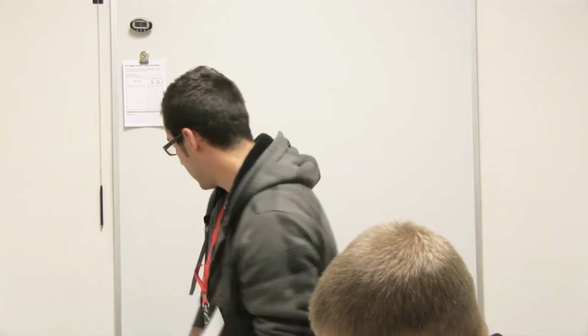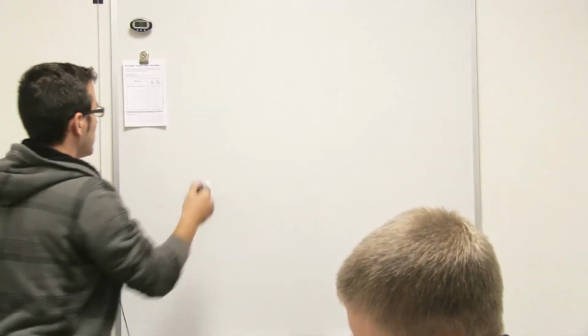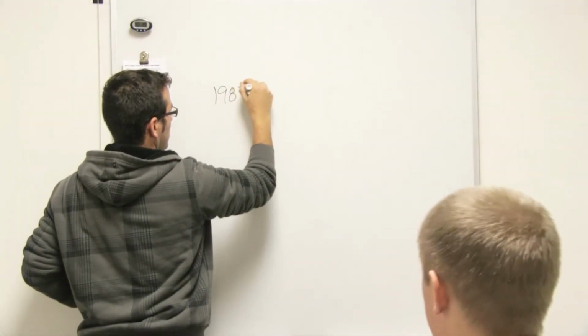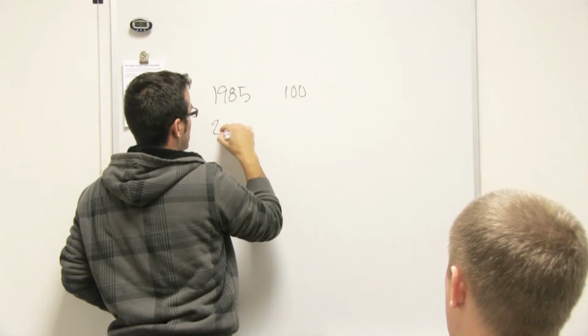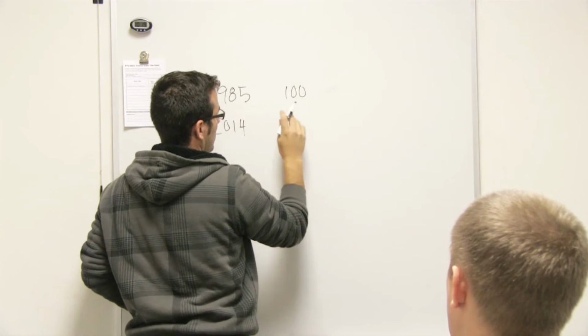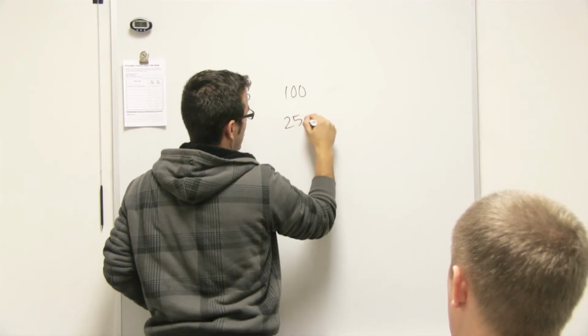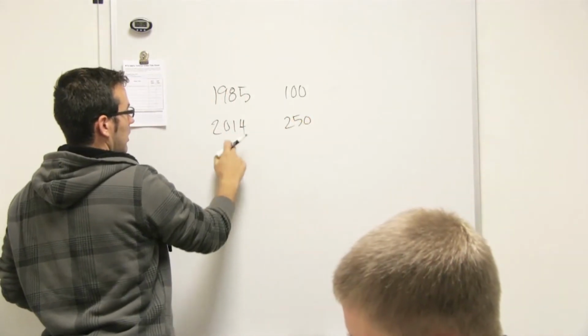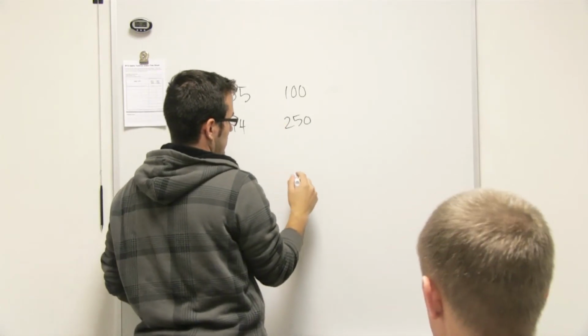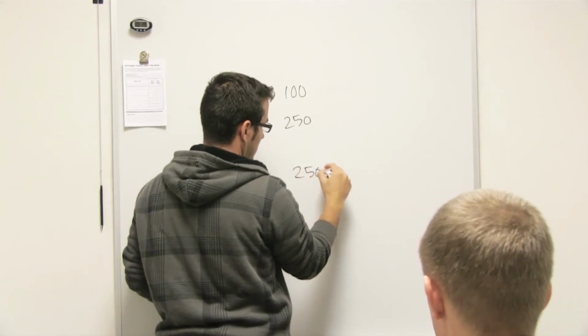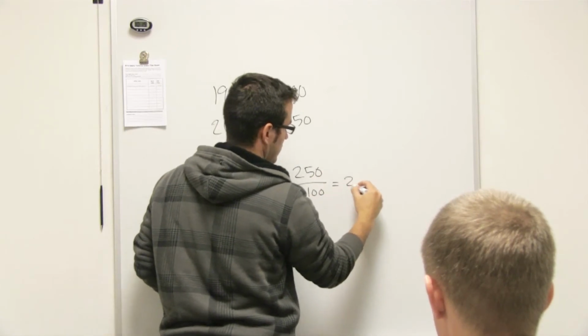So if you were writing that down, what were the years? 1985, it was 100, and then today, 2014, or whenever that book was made, it's 250. So you want to see how many dollars today is each dollar there, so 250 divided by 100, which is 2.5.